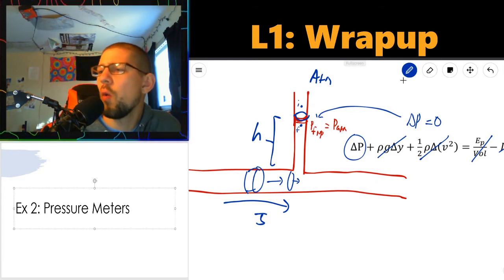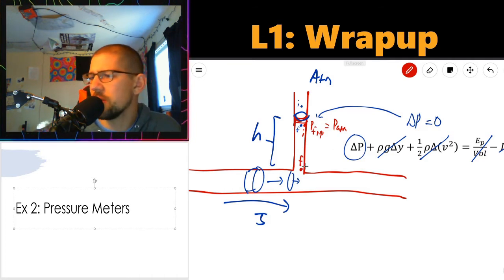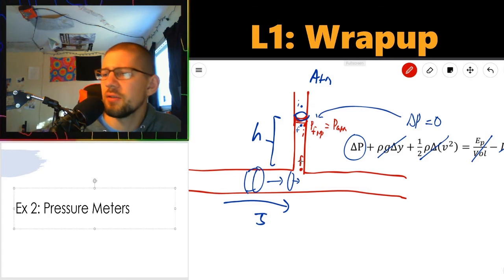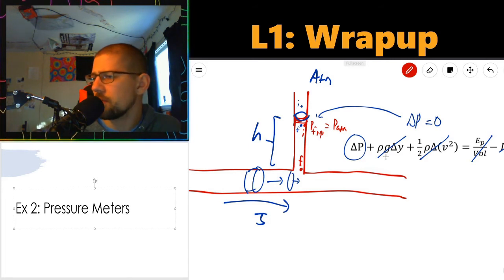One way I can get a handle on the amount of pressure at the lower part of the pipe is by considering these two points, the point right below the interface and the point right above the rest of the fluid flow. In this region, recall, no water is actually circulating through this upper section. It's just kind of standing there. It's getting propped up by the current underneath it.